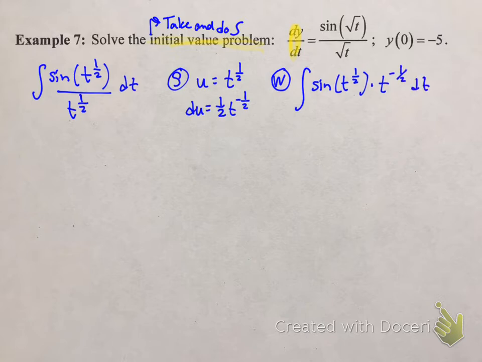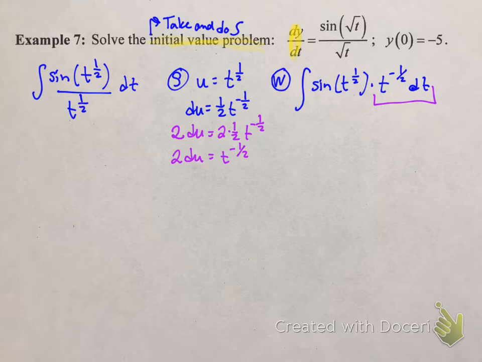If I look at the leftovers, I've got a problem because I have 1/2 t to the negative 1/2. So I have to multiply both sides by 2, so I get 2 du equals t to the negative 1/2.